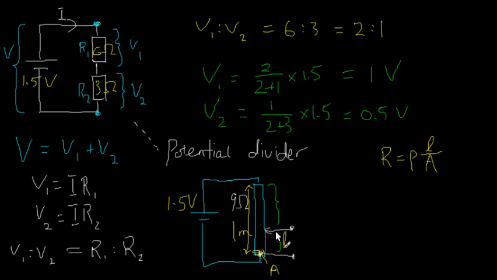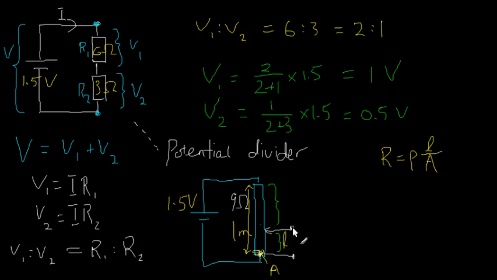So if I slide this contact along here, then the distance between these two points will change. And that means that the resistance between those two points can change. And since we know that the voltages are divided up according to the ratio of the resistances, if I slide, this resistance will change and that resistance will also change.